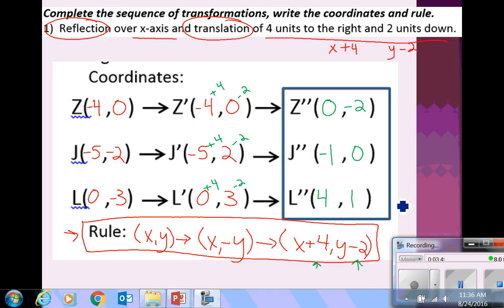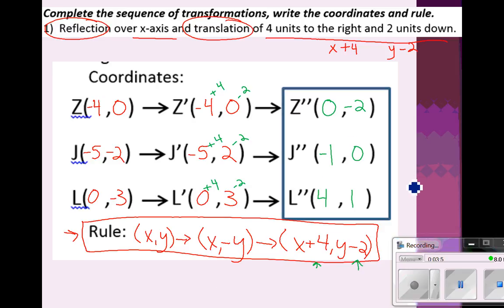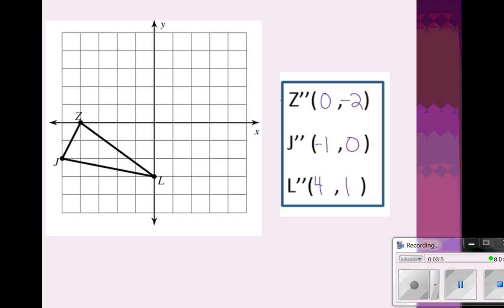Now we are ready to plot the actual new figure. So here is my figure. I'm going to plot the prime primes and label them prime prime. 0, -2. 0, so I go nowhere left or right. I'm going to go down 2. 1, 2, make a point and label it z prime prime.